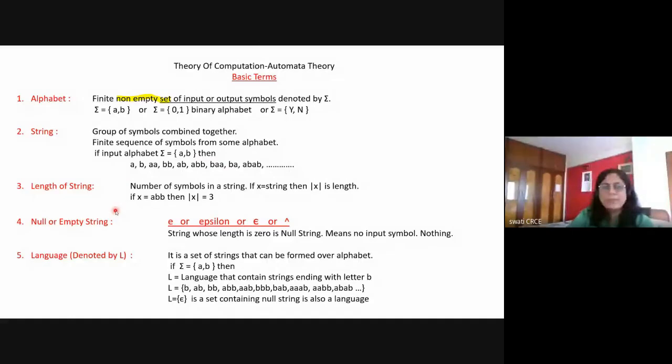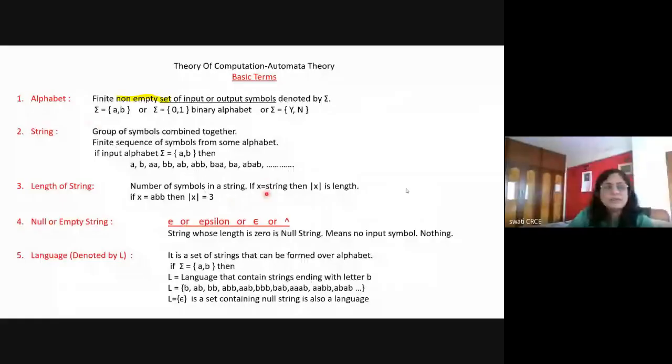Your string from a and b can be ab, and then the length of the string can be represented by |x|, and for this it is 2, or for the string abb, the length of the string is 3. So it is very easy to know the length of the string. What are the terms that we have studied? Alphabet is an input set of symbols such as a, b, and a string is a group of symbols combined together from the sigma.